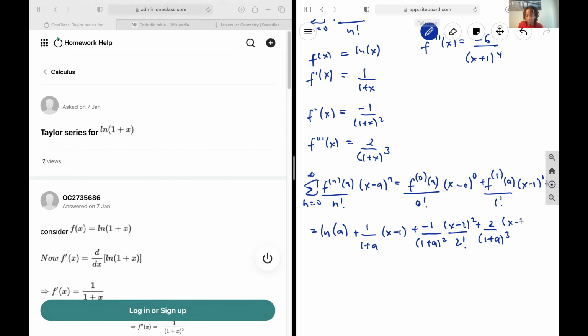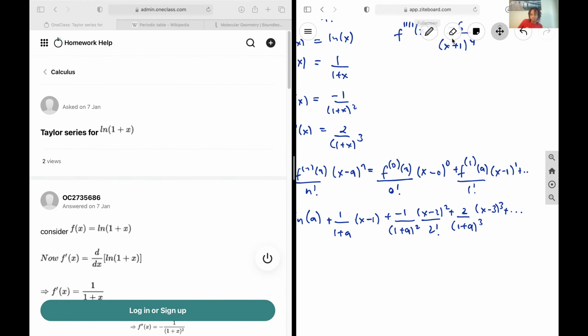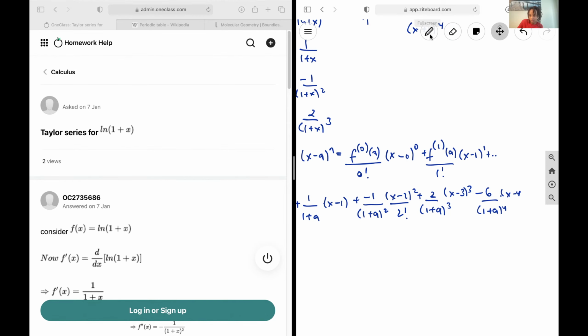Into x minus 3 cubed plus, and just keep going like that. We can include the fourth one if we'd like. So this would become minus 6 over 1 plus a to the power of 4 multiplied by x minus 4 to the power of 4 over 4 factorial.